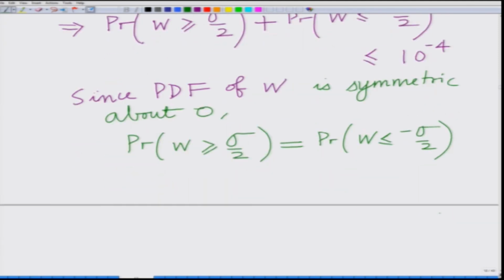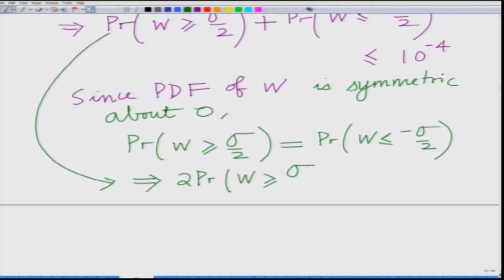Therefore, you can simplify it using this property: twice the probability that w is greater than or equal to sigma by 2 has to be less than or equal to 10 to the power of minus 4.